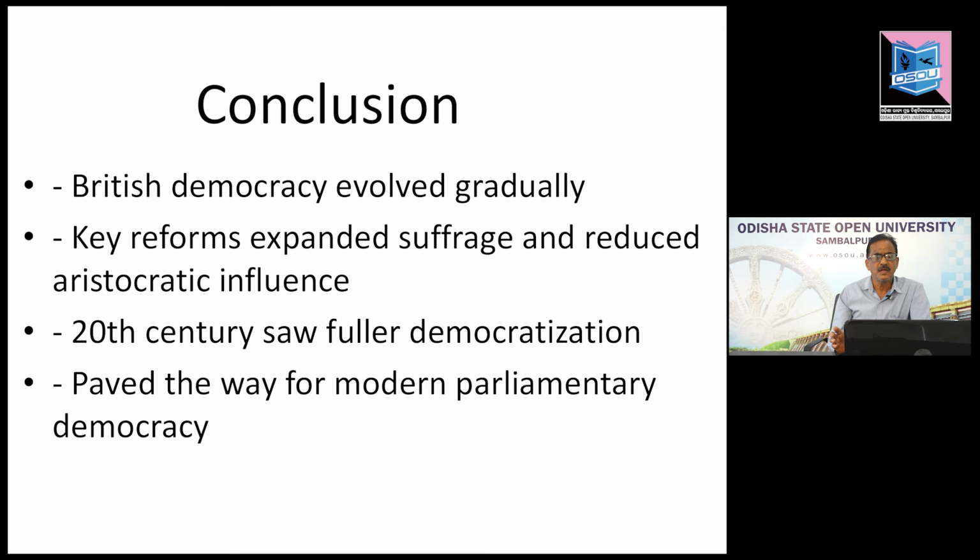Now, the key reforms which I have mentioned already, 1832, 1867 or 1911, definitely in this process, expanded the suffrage, which now we can say is a universal suffrage, inclusive of all men and women, and reduced the aristocratic influence.